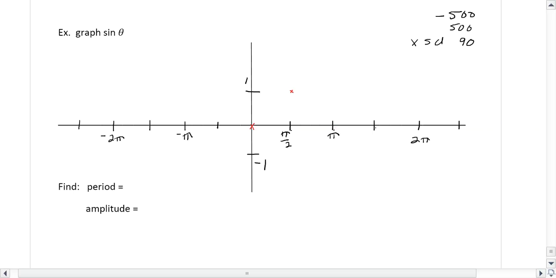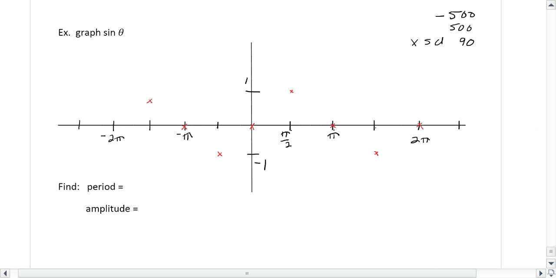The sine of 180 is back to 0. Sine of 270 is down at negative 1. And then the sine of 360, we're back up here at 0. Likewise, if we go backwards into negative land, the sine of negative 90 is negative 1. Sine of negative 180 is 0.